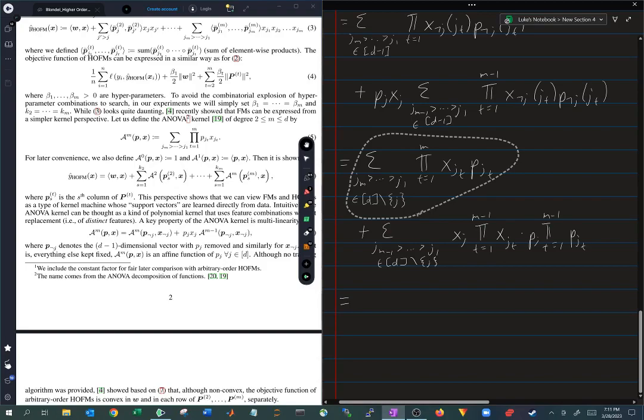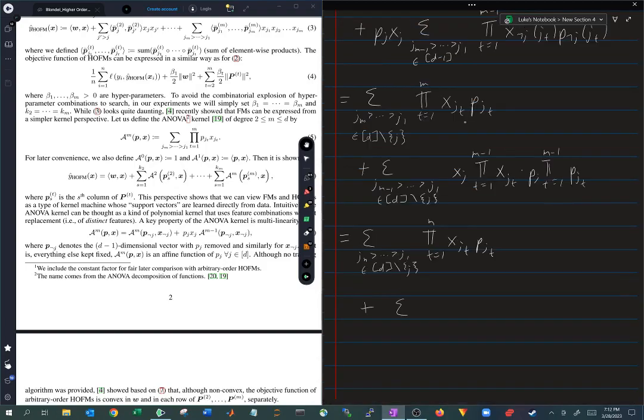For this additional sum, we take the sum over jm all the way to j1, in the integers from 1 to d, such that some jk is equal to j, of the product from t equals 1 all the way up to m of xjt pjt. Okay, so why is this true?